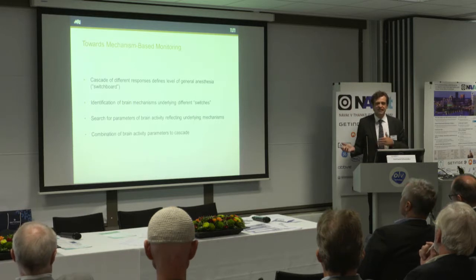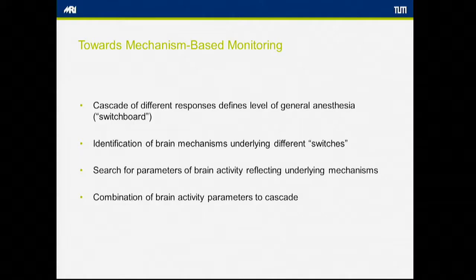It's not really a linear thing, and therefore it has been suggested to see anesthesia as a switchboard and not as a submarine. So we do not go into different levels or depths of anesthesia, even if the concentration changes suggest this. There are different distinct areas of the brain which are altered in their function depending on different concentrations of anesthetics.